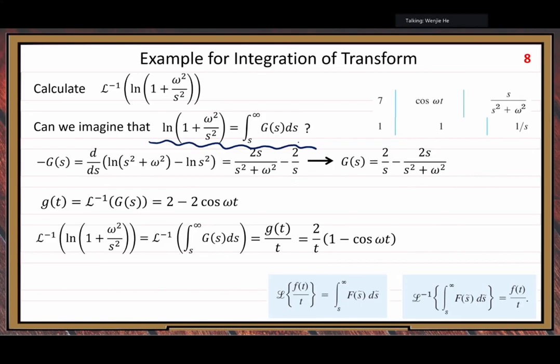But the way you take the derivative, you have to find an appropriate function, because you cannot just take the derivative directly. So when you take the derivative, there is a specific function that corresponds to that derivative. All right, so this example.